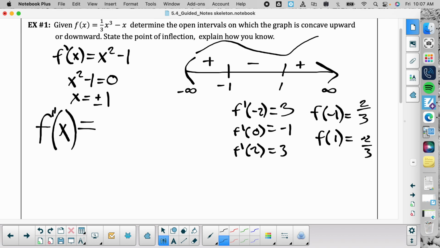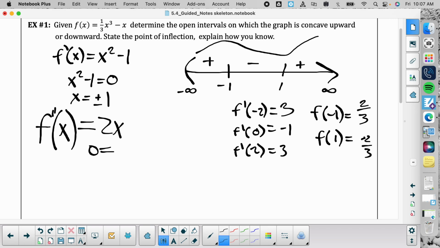Okay, good, we are finding the second derivative for the second derivative test. Good, good, good. Now nicely and easily, this question was kind of picked so that the equations would work out pretty easily. While he's working on that, what is he doing? What does he need to do next? Well, he did that.